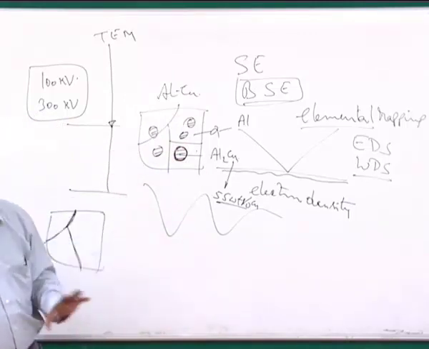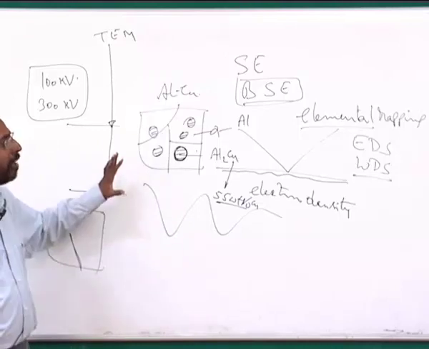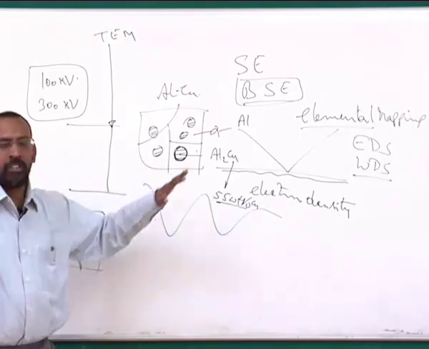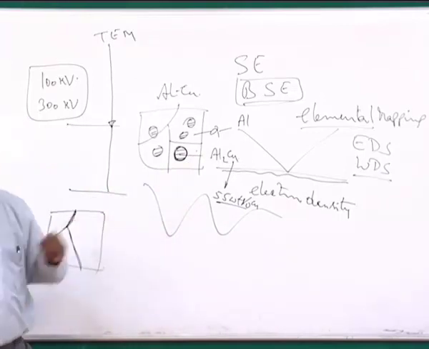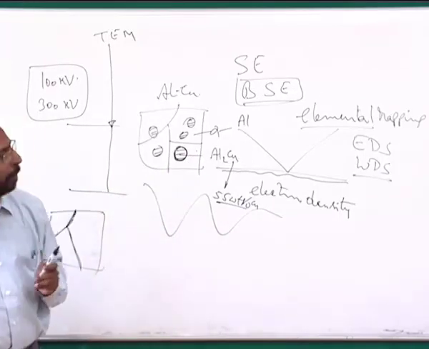But this is again only qualitative. So mappings are useful to know how elements are distributed, but they give you only qualitative information. We will slowly see how to get quantitative information as we go along.